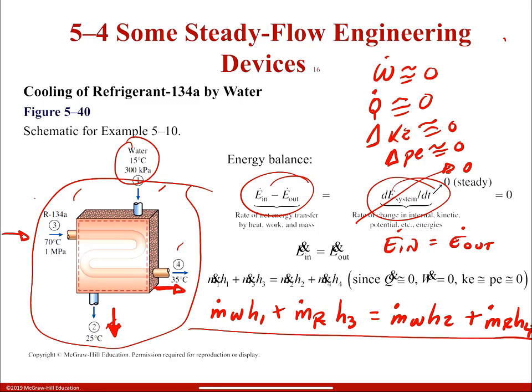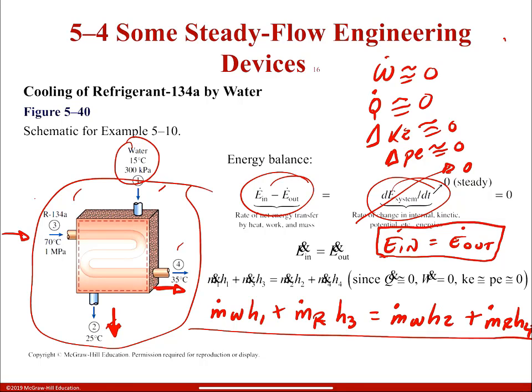Again, I'm just going to say the same thing as I said in the mixing chambers. Just start with this equation. Energy that comes in is equal to energy that comes out, or the rate of energy that comes in is equal to the energy that comes out.